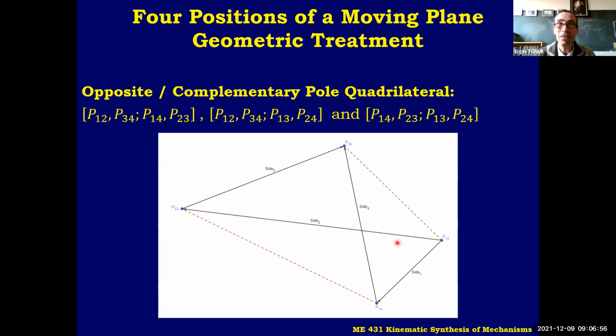Is this clear? So it's not a problem whether the pole quadrilateral is warped or not. But we don't connect the complementary poles; we form the sides by using the common indices. Okay? Any questions?